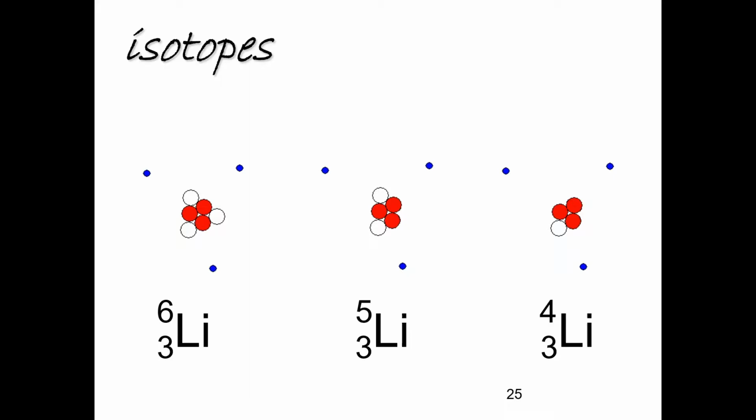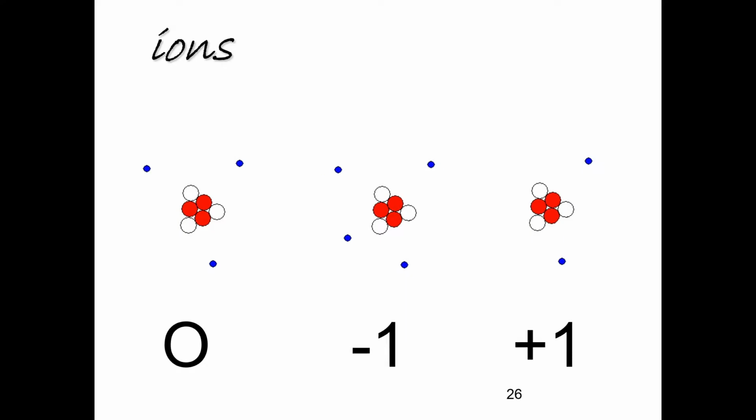What happens if we vary the number of electrons? We get different ions. Notice that in these 3 illustrations, the protons and the neutrons are always 3. What changes is the number of electrons. These are 3 different ions of the element lithium. The numbers at the bottom are the charges on the atom.